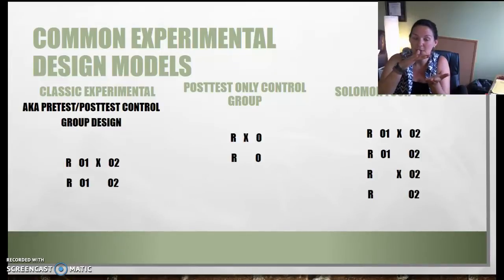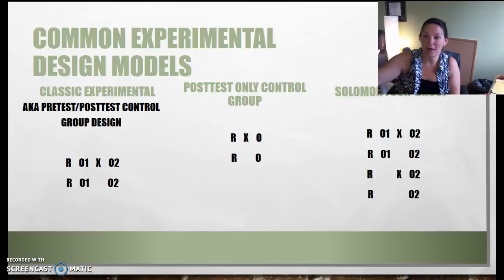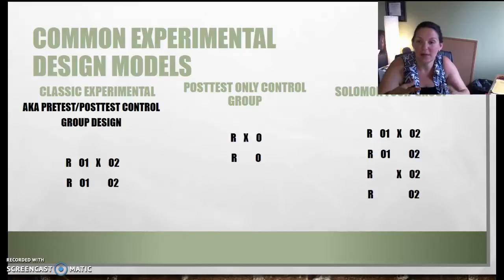That's what the R tells you. Group 1 has an observation point, a pre-test, then some sort of intervention, and then a post-test, while group 2 just gets the pre-test and the post-test with no intervention. That makes sense, right? That's what allows you to answer the question, did that intervention make a difference?